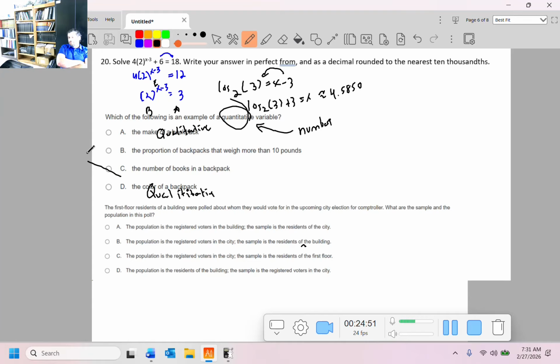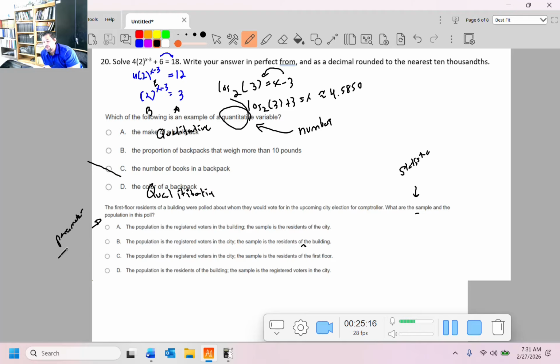Let's see, the first floor residents of a building were polled about who they would vote for in the upcoming city election for comptroller. What are the sample and the population? Let's see, sample starts with an S, so does the word statistic. But I don't know if that applies to this one. And population parameter.